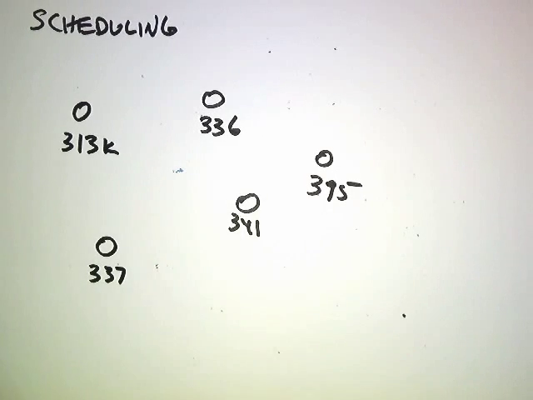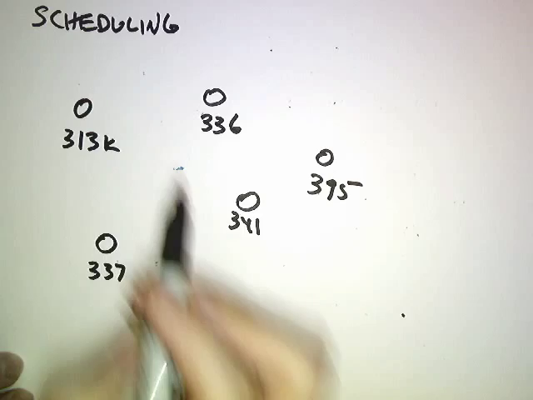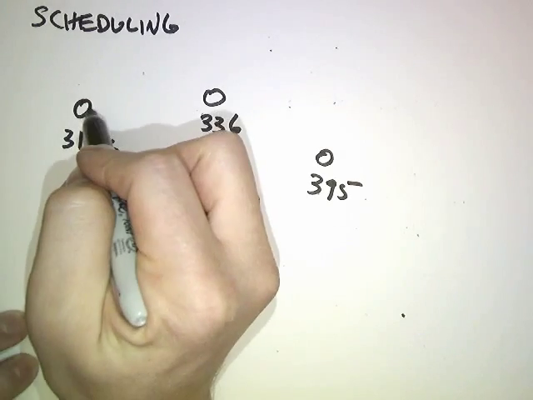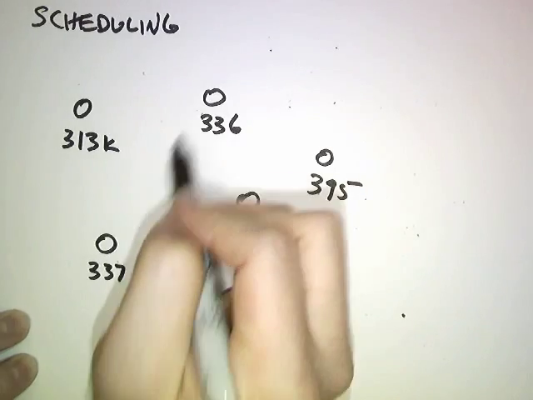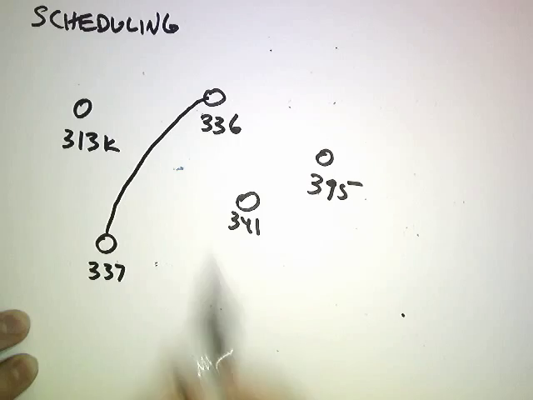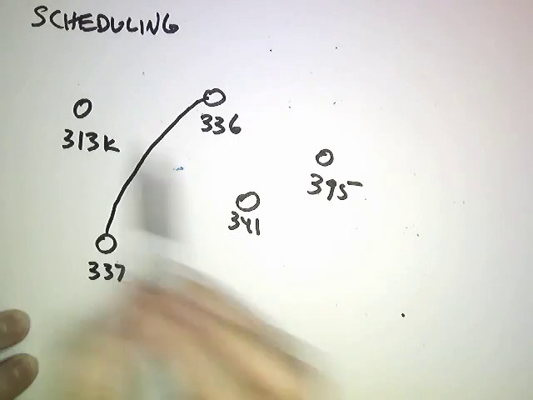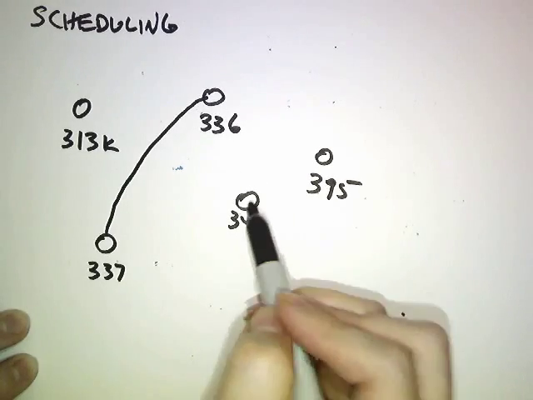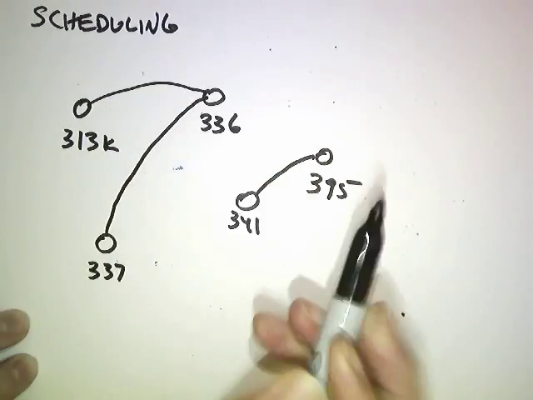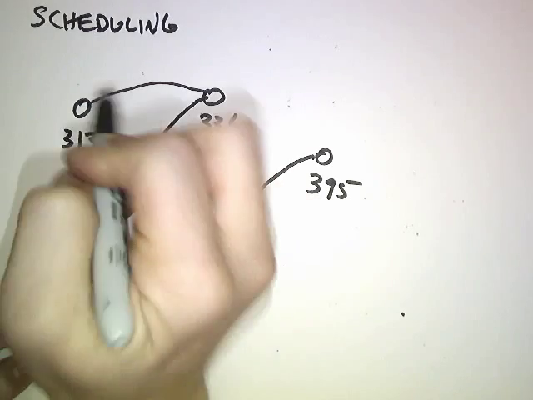So we could have one vertex for every course, and then we could put an edge between 2 courses if there's a student in both of those courses. So if there's a student that's taking both 337 and 336 in the same semester, we put an edge. If there's a student taking 395 and 341 in the same semester, we put an edge, and so on and so forth.